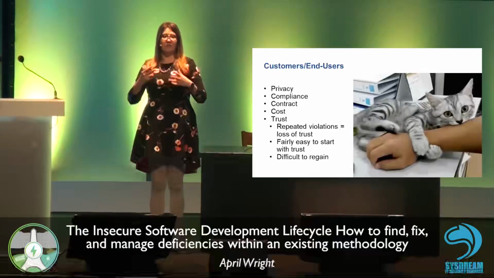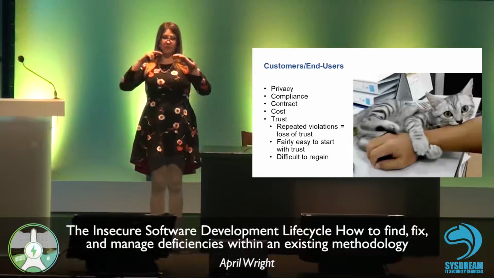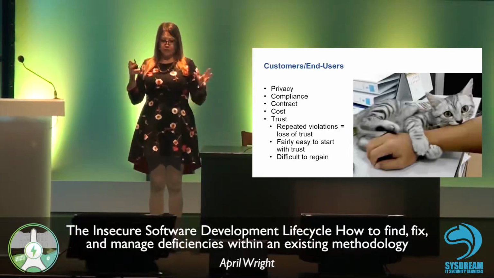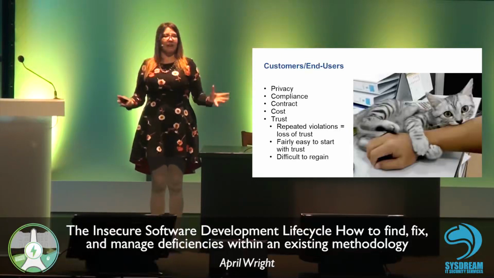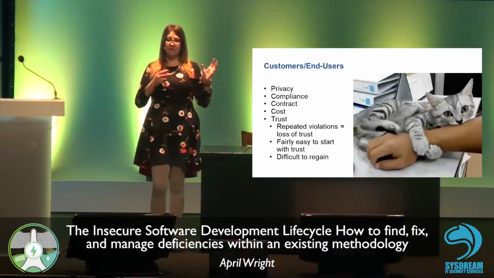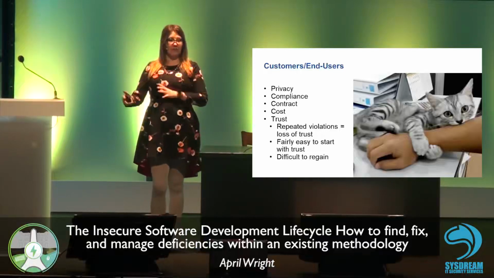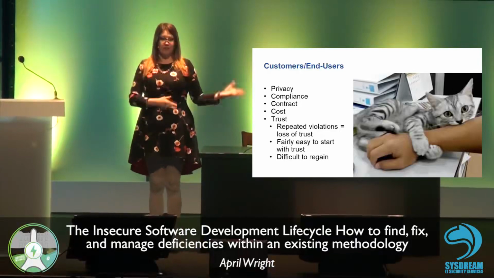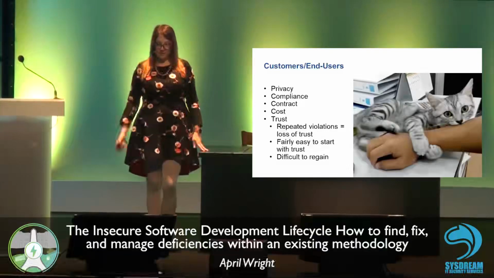And then when they get their services, they have this level of trust. It's very easy to lose that trust. It's not easy to regain it. Once that's gone, once there's a breach, it's very hard to regain that trust. So we need to stay with that. We need to make sure that what we deliver is secure, what we operate is secure, and that includes the software as it's released.